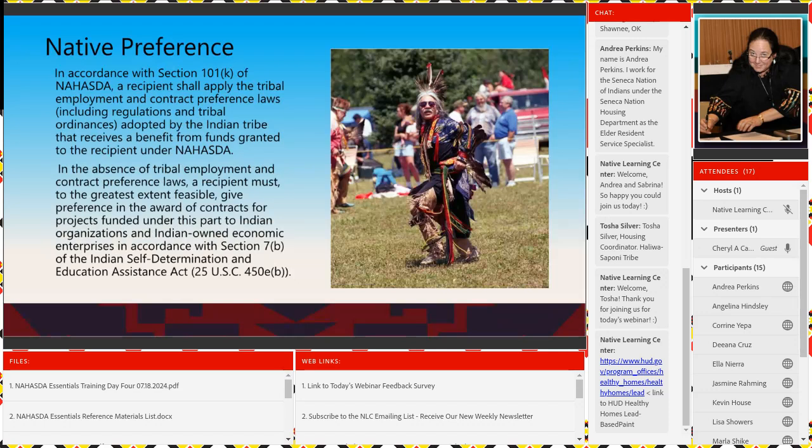So the Native preference is spoken to within the NAHASDA statute itself, Section 101K. A recipient shall apply the tribal employment and contract preference laws, including regulations and tribal ordinances adopted by your Indian tribe. Now, chances are your tribe adopted them a long time ago.